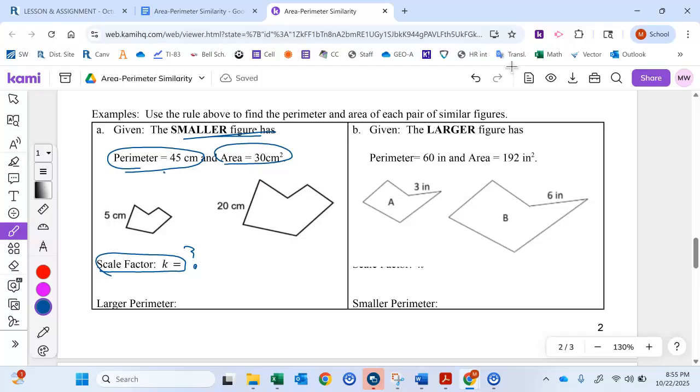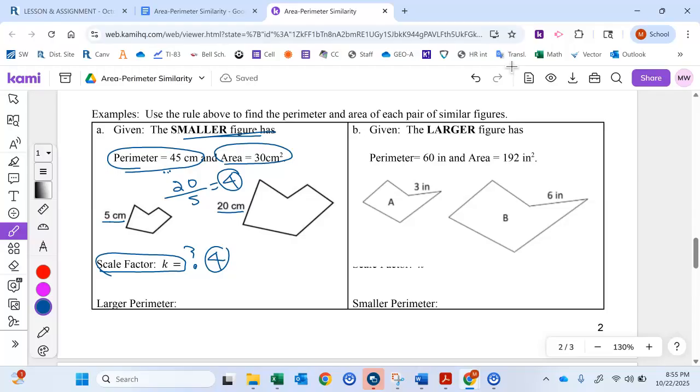Well, we know that the perimeter is going to be whatever you multiply by the small to get the large. So I'm going to take this 20 and divide by 5, and I'm going to get a scale factor of 4. That's all I do, because these sides are the same sides, right?